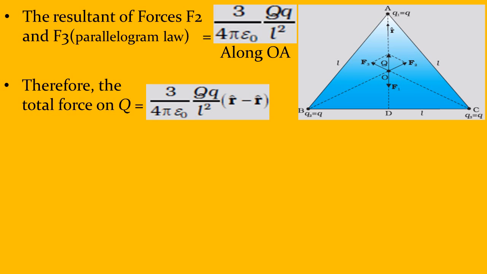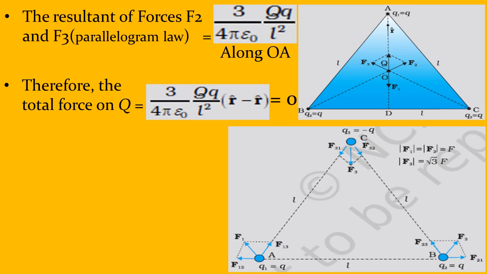So the total force is 3 by 4 pi epsilon naught q by L square multiplied by one unit vector in the direction AO and one unit vector in the direction OA. So they will cancel out each other. That is equal to 0. So the net force acting on the charge Q placed at the centroid is 0.